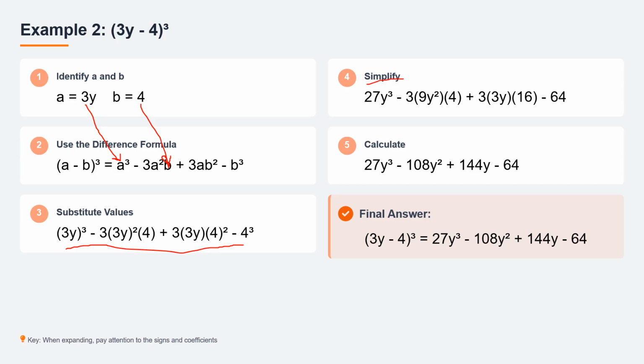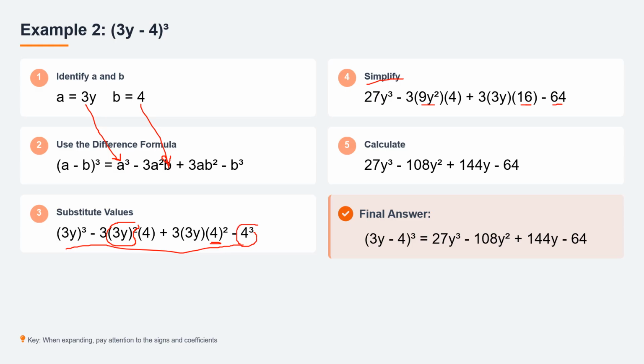Then simplify. So 27y cubed minus 3 times 9y squared. This 9y squared is from 3y raised to 2. Then times 4 plus 3 times 3y times 16. This 16 is the simplified form of 4 squared, minus 64. 64 is the simplified form of 4 cubed.